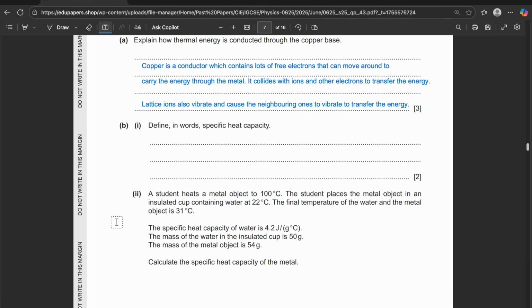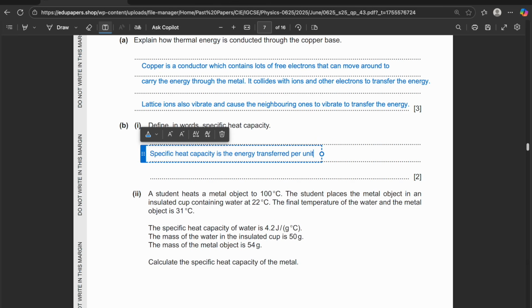B1, define specific heat capacity. Specific heat capacity is the energy transferred per unit mass to change the temperature by 1 unit.